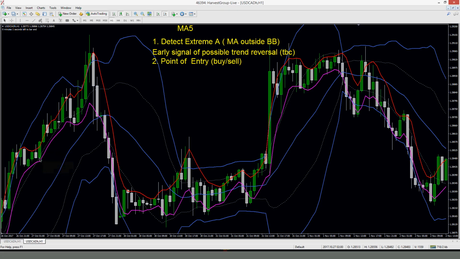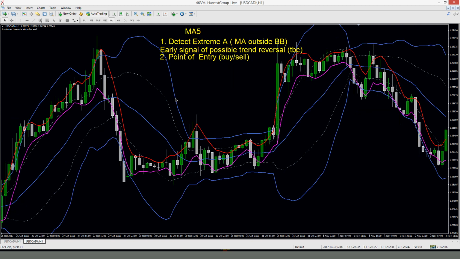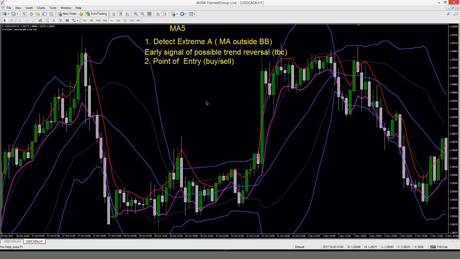However, the candle rejects MA5 low over here, so this is also a point of entry buy, because if you understand how the candles are going right now, this is a buy momentum Bollinger Band, so the price is moving up, so this is a buy entry. The point of entry sell here is only temporary. That's what you need to understand when it comes to MA5.